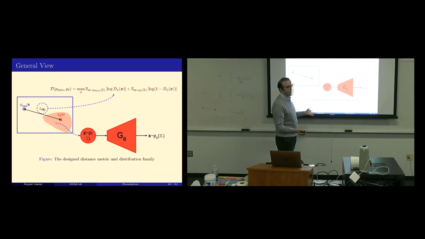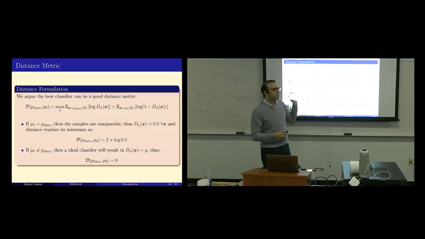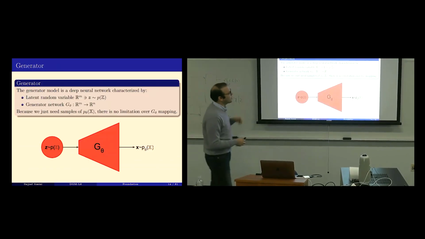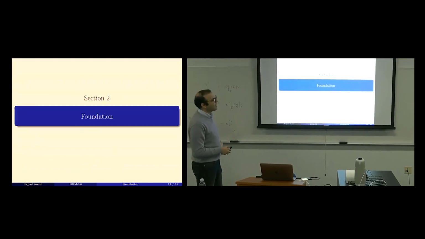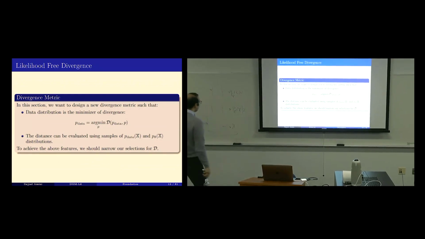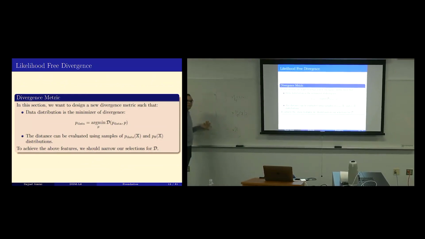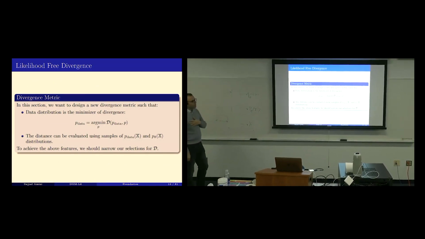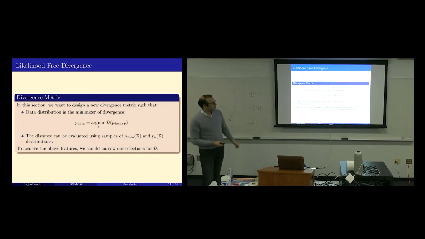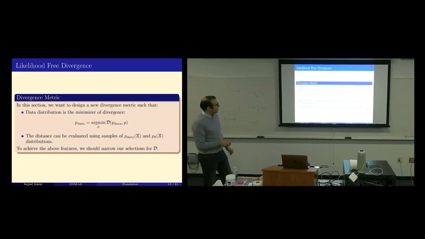That divergence is not clear now. We want to design a new divergence for GANs. And we know that likelihood is not applicable anymore because you do not have distributions. You have just samples from that part.